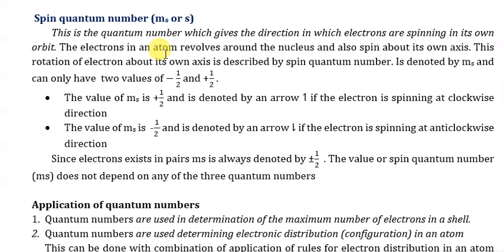The electron in an atom revolves around the nucleus and also spins about its own axis, just as the Earth does rotation about its own axis and revolution around the sun. This rotation of the electron about its own axis is described as the spin quantum number. It is denoted by ms and can only have two values, which are negative a half and positive a half. Negative a half is spinning of the electron anti-clockwise, and positive a half is spinning of the electron clockwise.